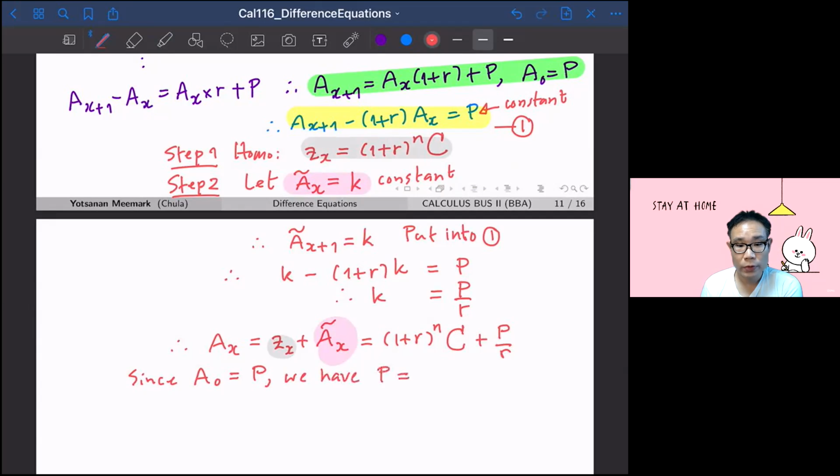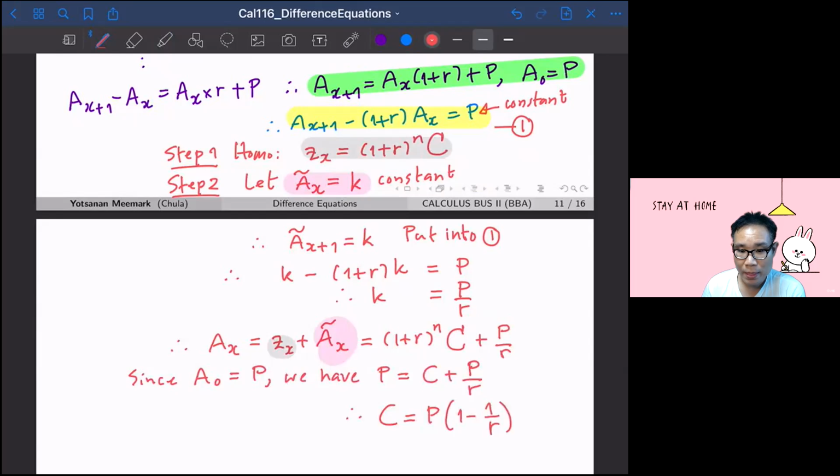So we have p equal to c plus p over r. So you would get c equal to the principal minus, so it's going to be p times (1 minus 1 over r). Okay, so that will be your c, p minus p over r.